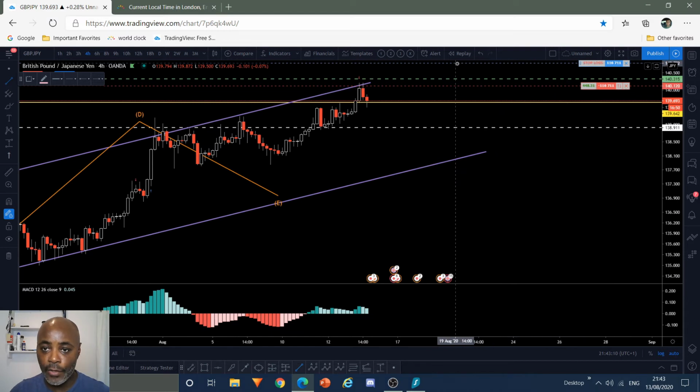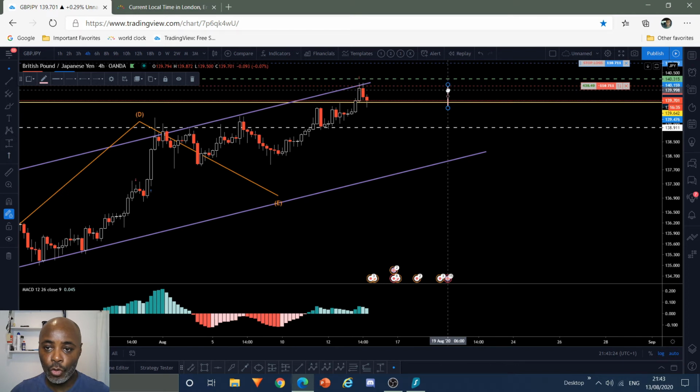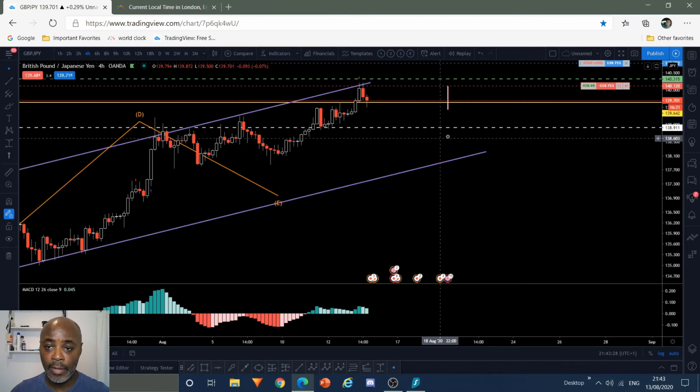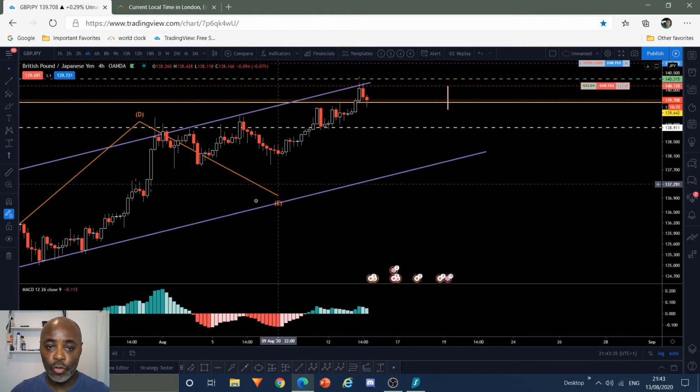I take a vertical line and drag it down to my entry, so this vertical line now represents my risk in this market. That gives me a 1-to-1. So should price get down to here, we have a 1-to-1.